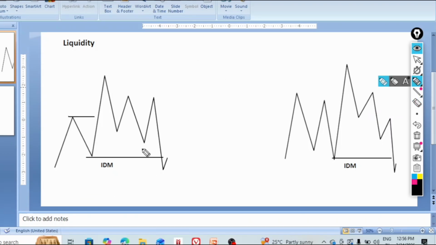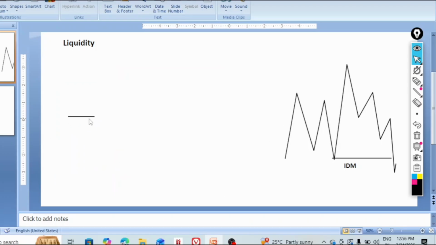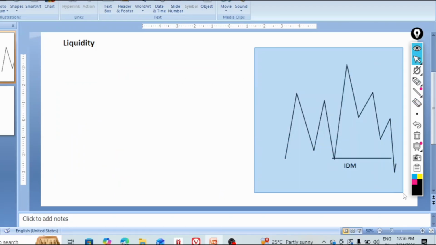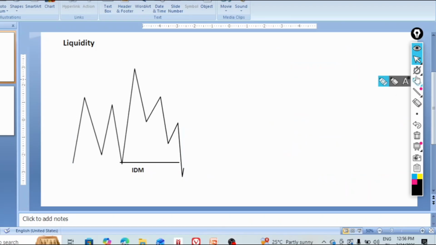So we are talking about this weak inducement, because it has swept only one time. And then here, if you look at this inducement, we have this swing here, and the swing here, this is the swing low.